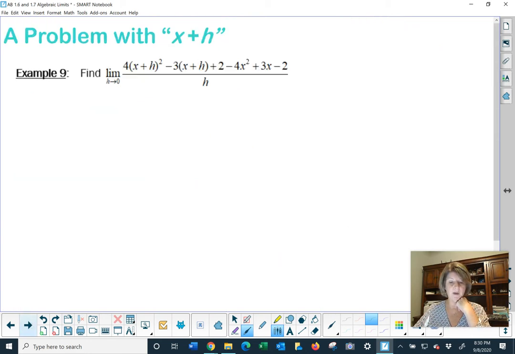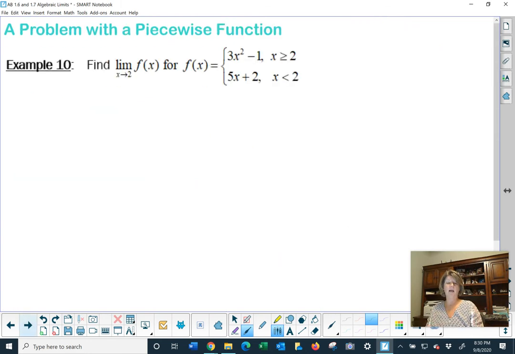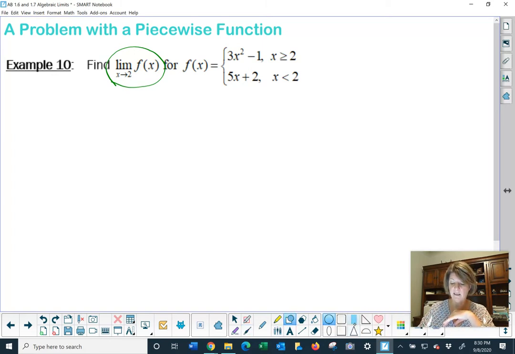All right, we have problem 9. This is a problem where you're going to work with x plus h. So it says find the limit as we head to 2 for f of x. And then I look over here, and f of x is comprised of 2 branches, right? It is a piecewise function.